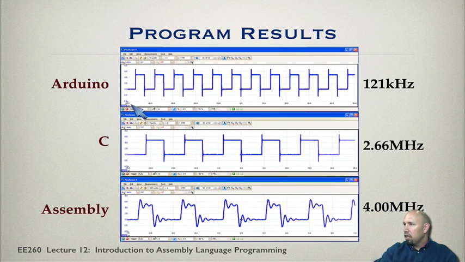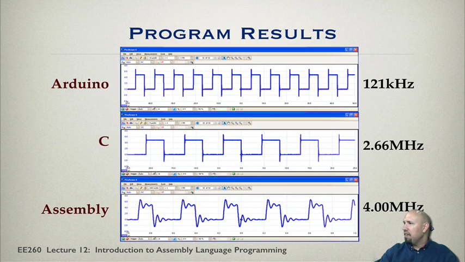Here we have microseconds, also microseconds, also microseconds in terms of the time scale. Overall, this has a frequency of 121 kilohertz for the Arduino. For the C, it's 2.66 megahertz. So this is a lot faster using C, more than an order of magnitude, more than 10 times. It's more like 20 times faster.